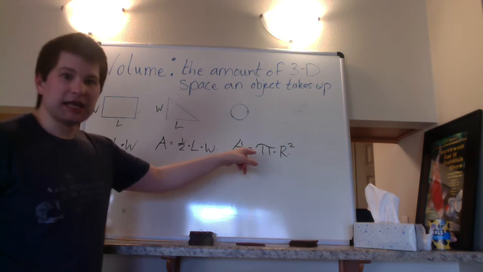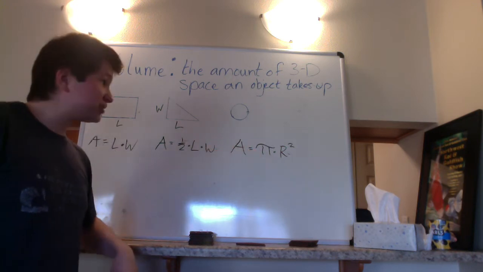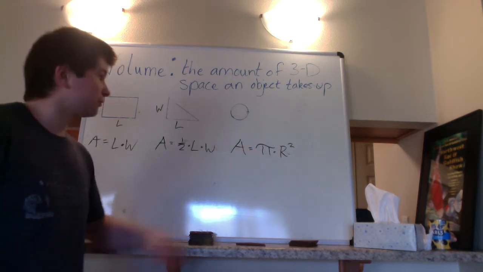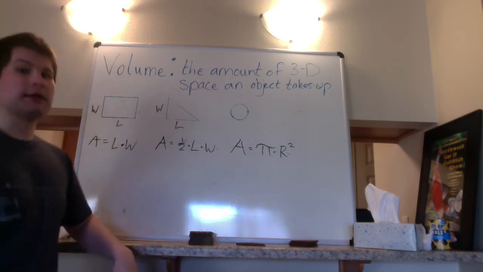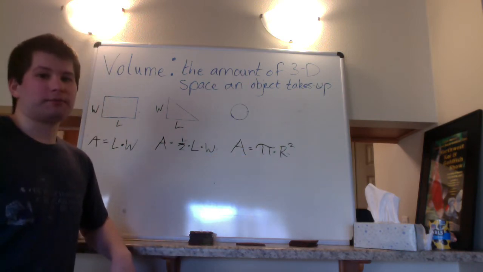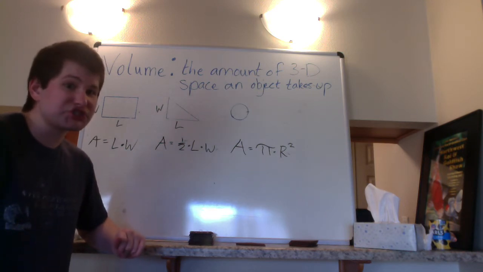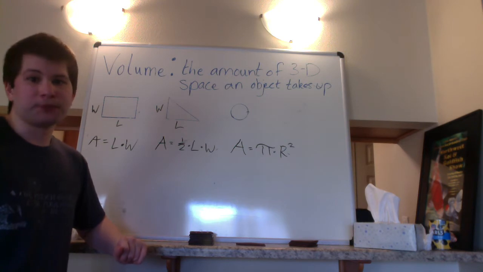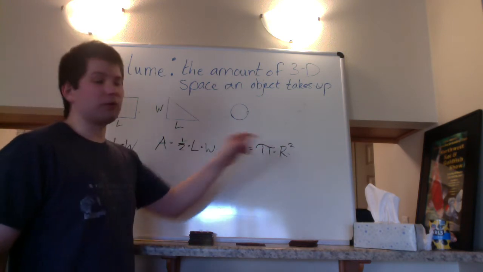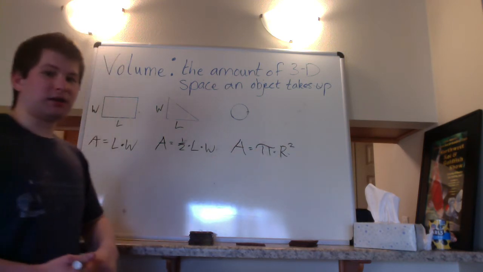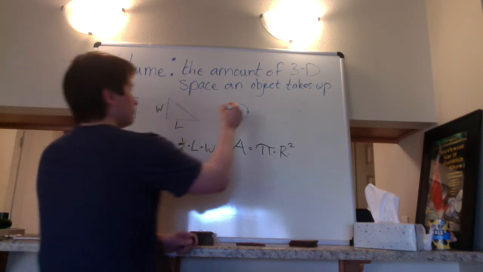Now pi, for your intents and purposes, you can think of it as 3.14. So whenever you see this symbol, what's that? That's pi, it's 3.14. It is the ratio of a circle's circumference to its diameter. Now how about r? What does r stand for? It is the radius.